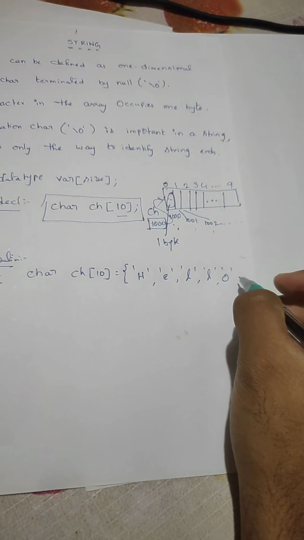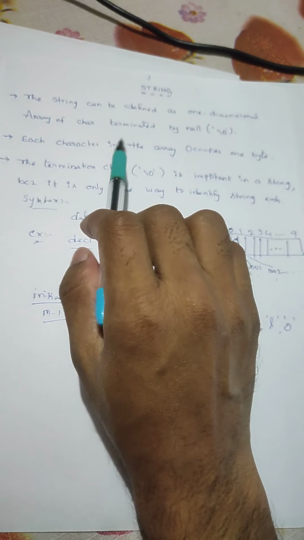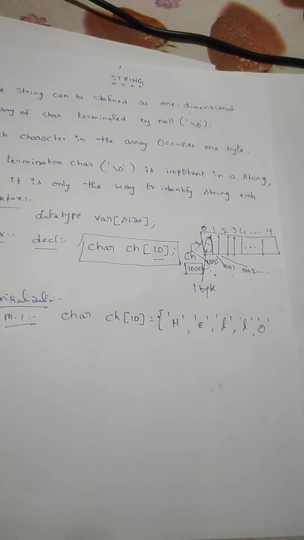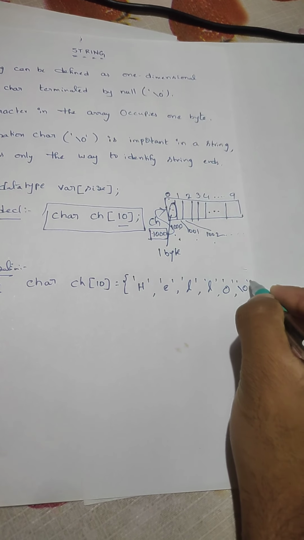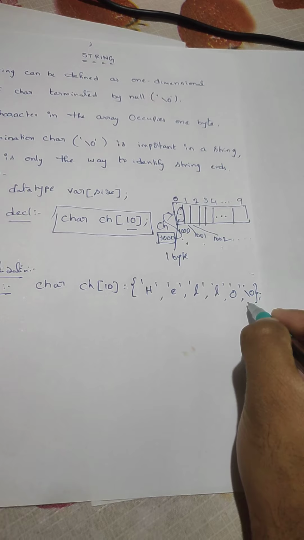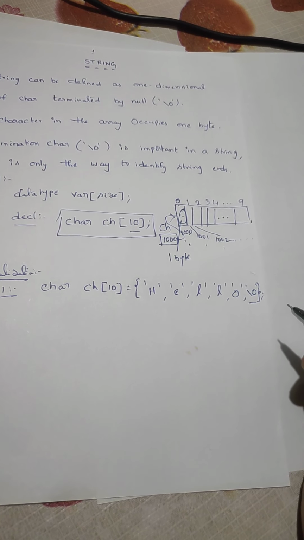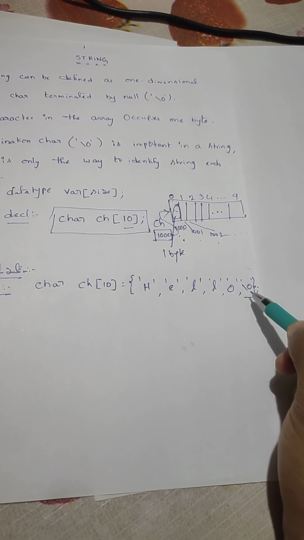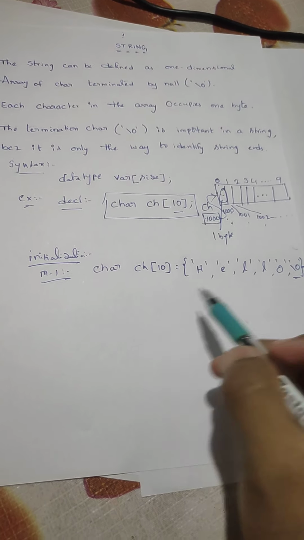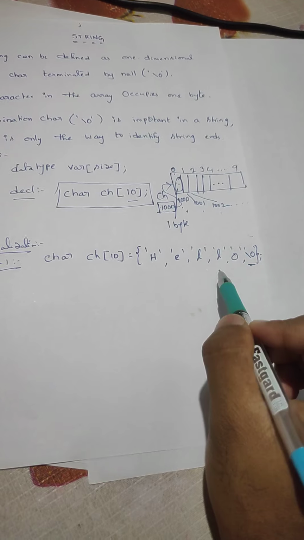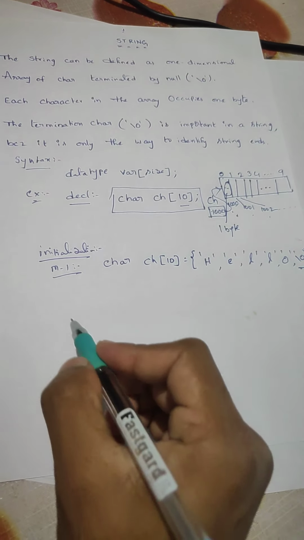At the end of the characters, what do we need to place? We terminate with a comma and \0. This is very important, because the compiler understands that \0 means the entire string has ended. So this is one type of declaration and initialization.